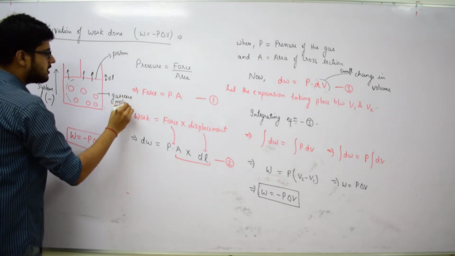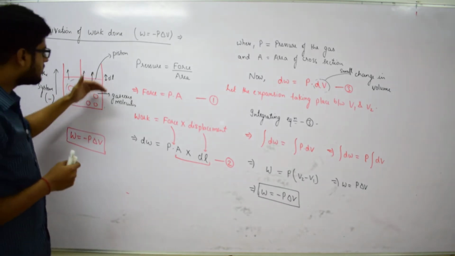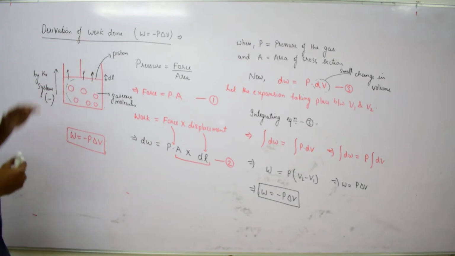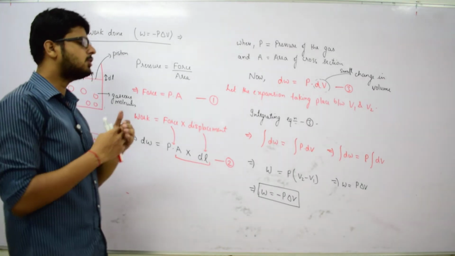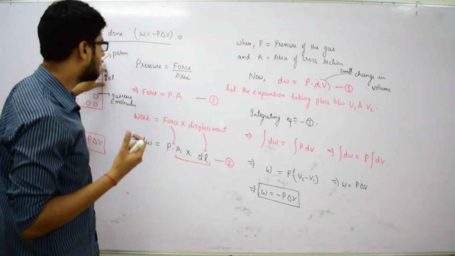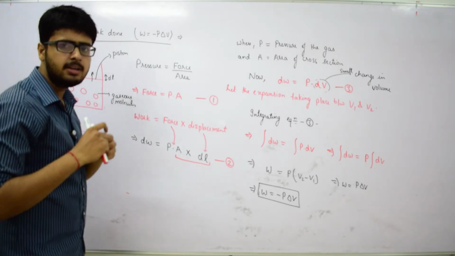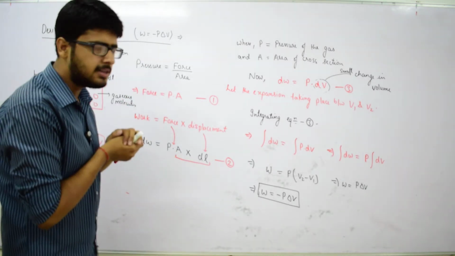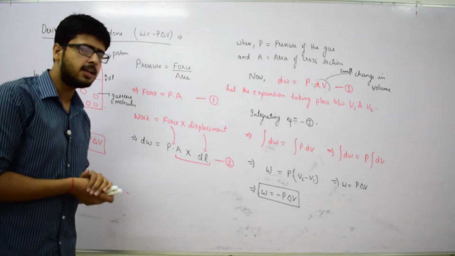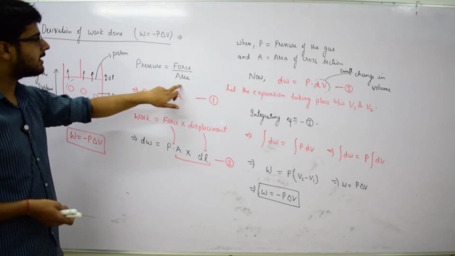When pressure is released, there will be a change in volume, and let the small change in length during the expansion be dl. dl is the small length element by which expansion is taking place. We know that pressure is equal to force upon area. So, from this expression, force can be calculated to be pressure multiplied by area.